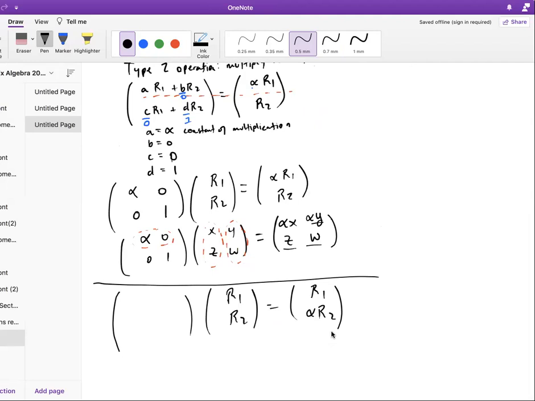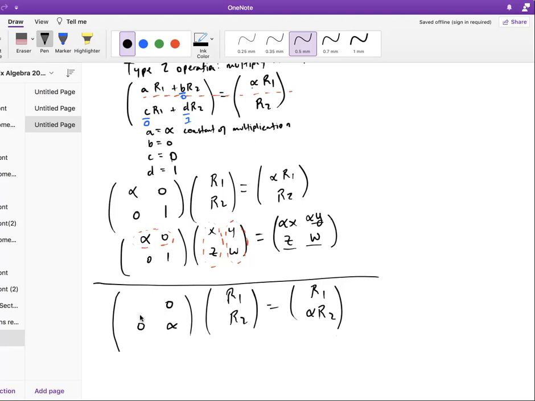How does it differ from alpha times the first row? Yeah, in the second row, replace that one with alpha. And does the first row change?